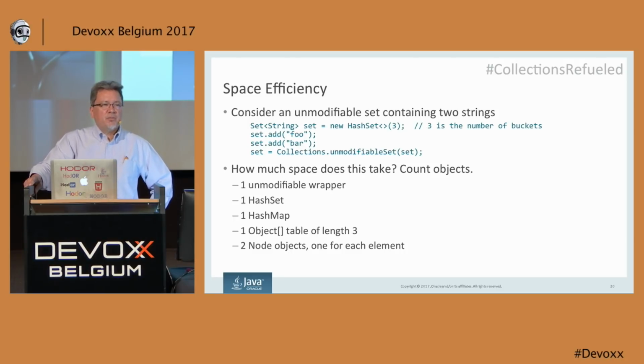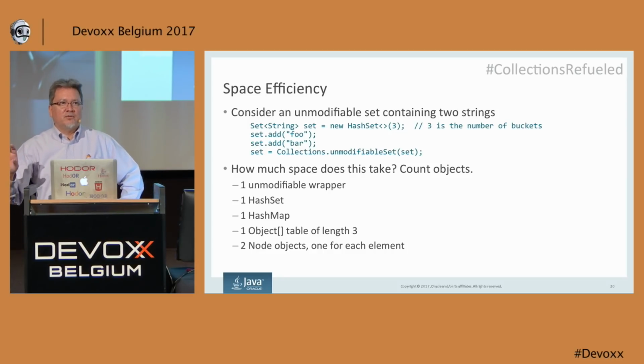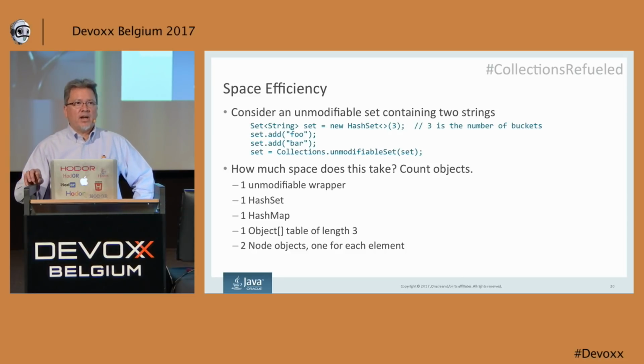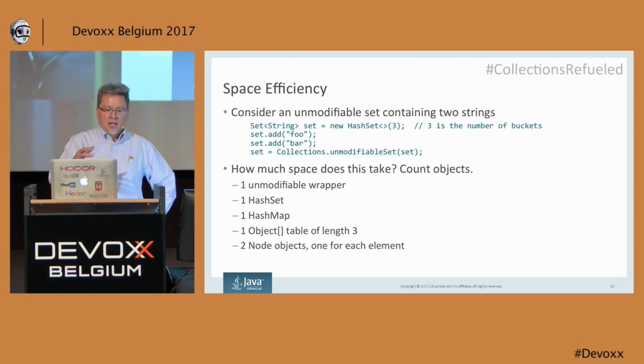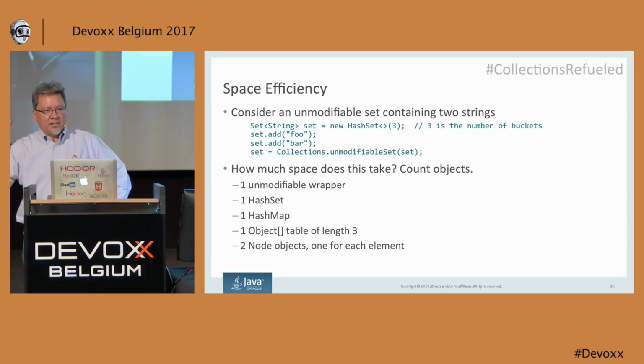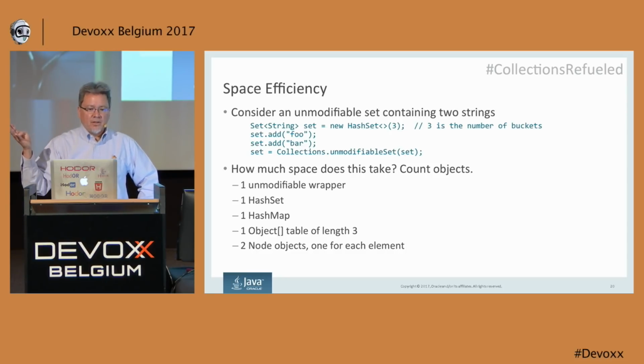All right, so if you count up the number of objects used by the collection, I'm not counting the strings themselves. I'm not counting the payload that's contained in the collection. I'm just talking about the overhead of the collection itself. An unmodifiable set constructed this way takes a lot of objects, right? We have the unmodifiable wrapper. We have the hash set object. The hash set contains a hash map. There is an array, which is another object, which is the table.